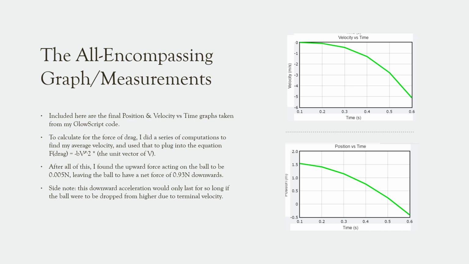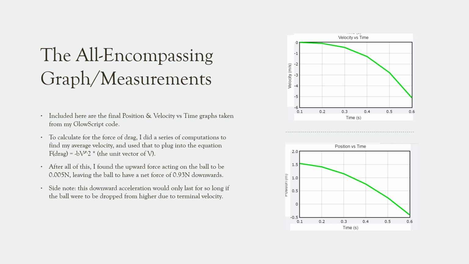As you can see here, this was my final velocity versus time graph and position versus time graph. I had to do some calculations to calculate the force of drag, and I used the equation force of drag equals negative b times velocity squared times the unit vector of velocity. It's hard to type out there, so I apologize.